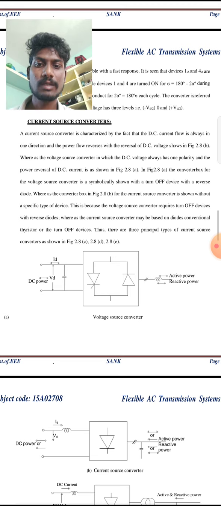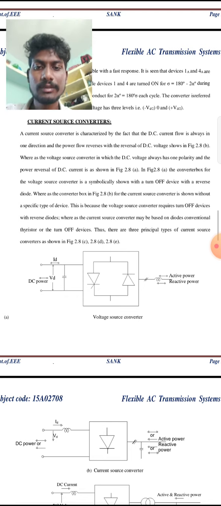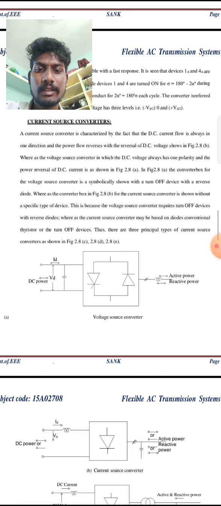This is because the voltage source converter requires turn-off devices with reverse diodes, whereas the current source converter may be based on diode, conventional thyristor, or turn-off devices. Thus, there are three principal types of current source converters, as shown in figures C, D, and E.